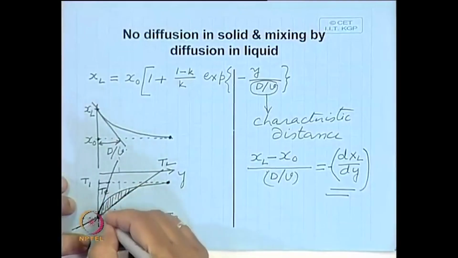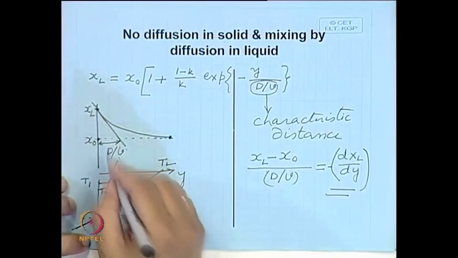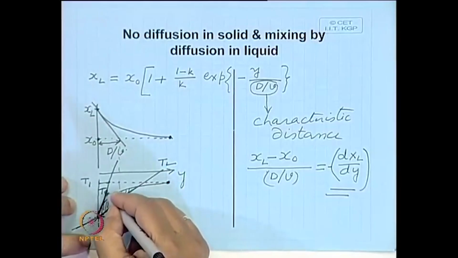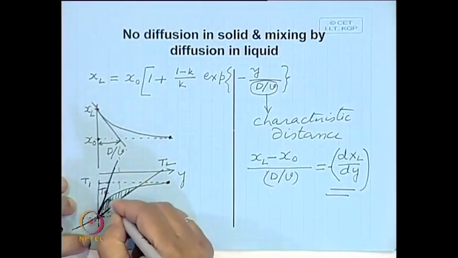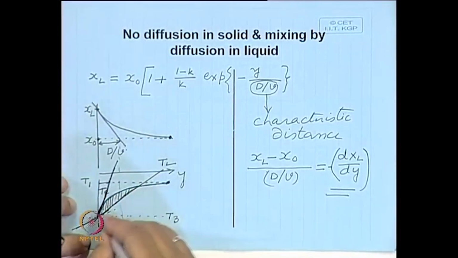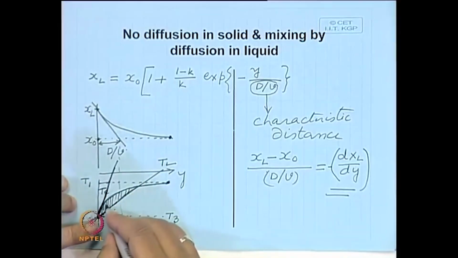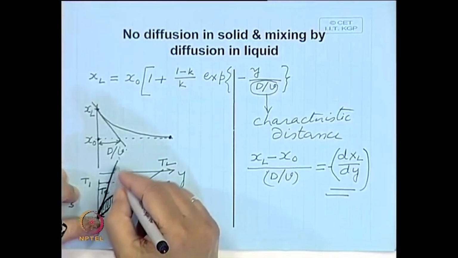So, if this gradient matches this, let us try and find out what this gradient is. This is the composition temperature profile, and let us try and find out this temperature gradient.